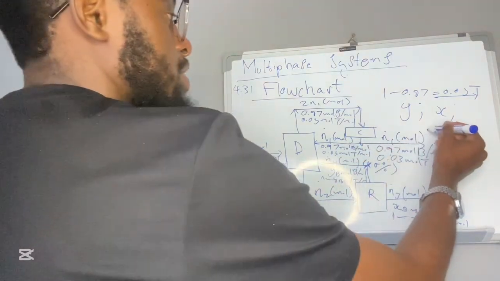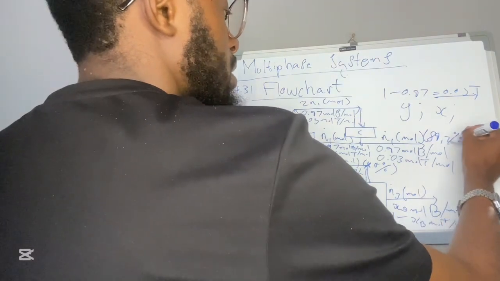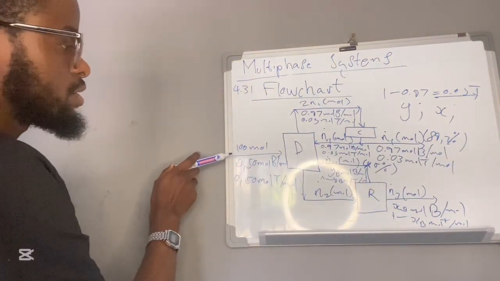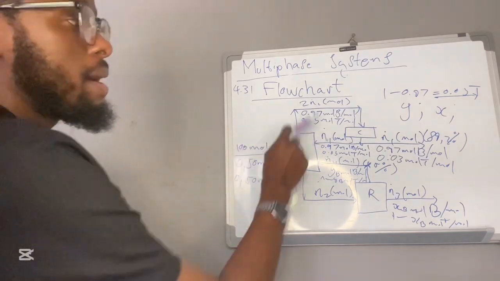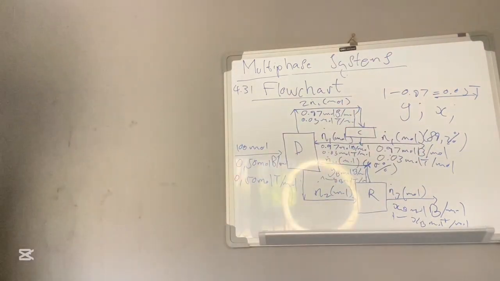We were told that we have 89.2% that was used up. So 100 mole entered, but 89.2 was used up. Please keep that in mind.